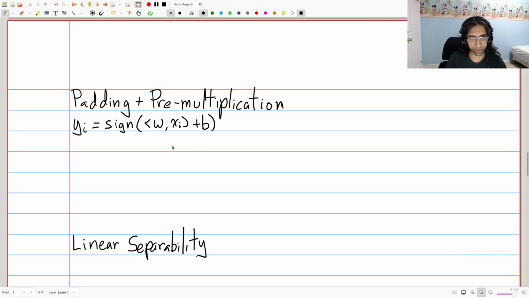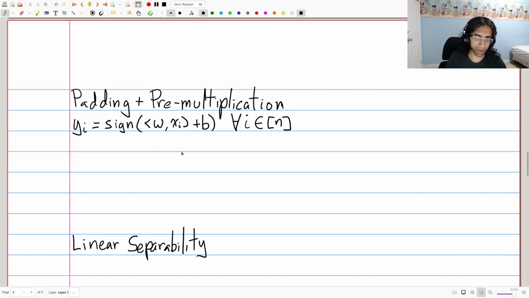Remember, the x's and y's are the data set we're given, and the w's and b's are the parameters that we're trying to learn. We're trying to learn these w and b such that we have this guarantee for all i in our data set. So that's the guarantee that we're going for.